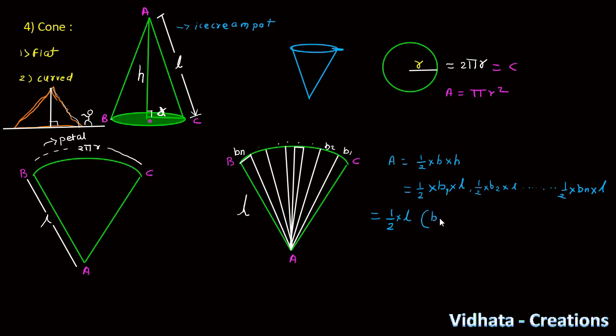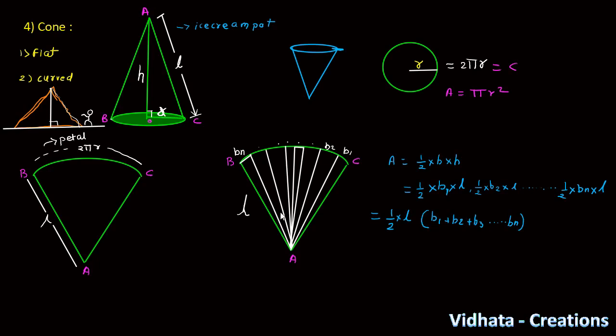That will be B1 plus B2 plus B3 and so on up to Bn, bracket close. Thus we will get the area of the total petal.